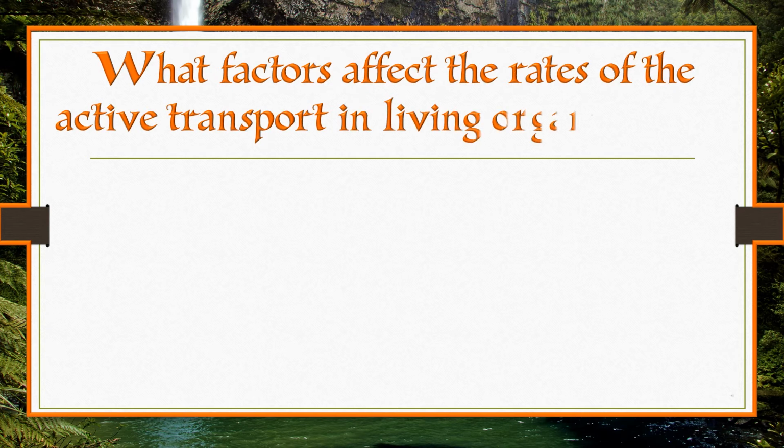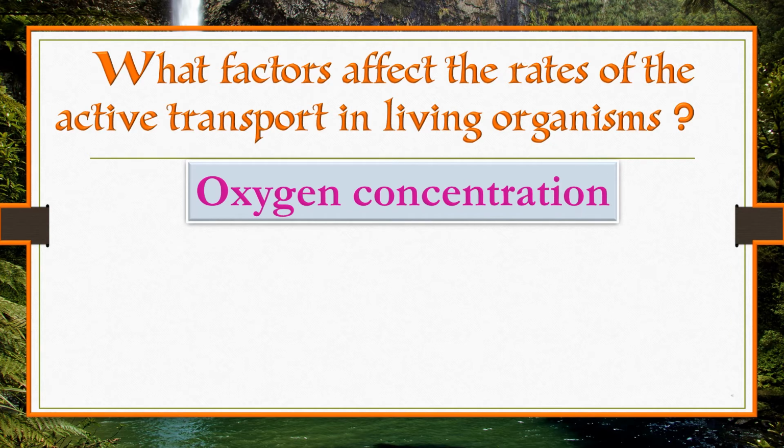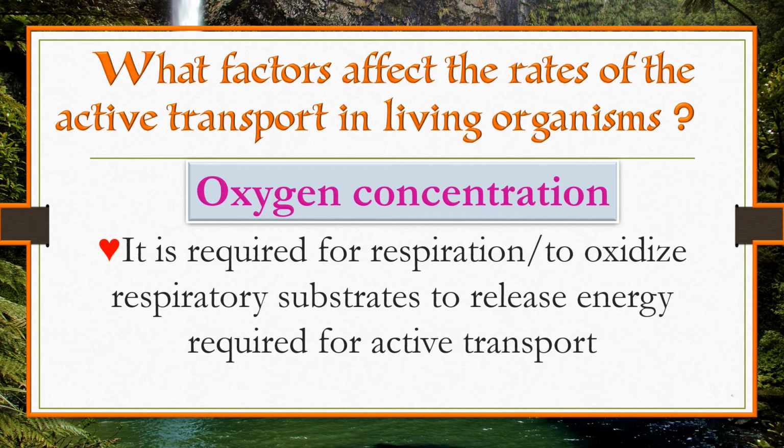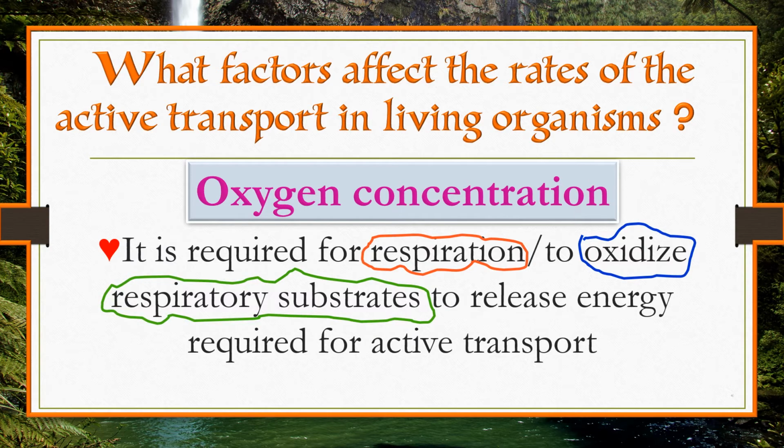Another factor affecting the rate of active transport in living organisms is oxygen concentration. It is required for respiration, or to oxidize the respiratory substrate to release energy required for active transport. Oxygen is required to oxidize the respiratory substrate, and our respiratory substrate is glucose.